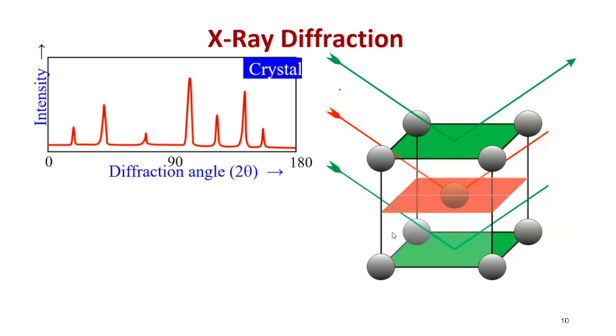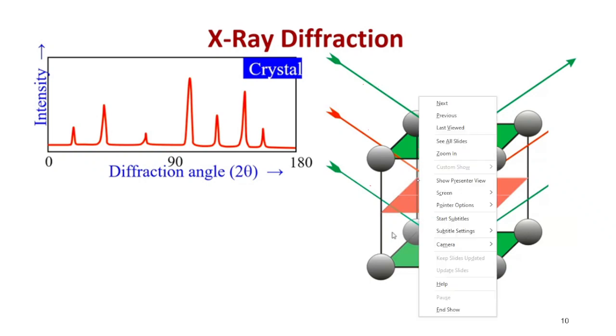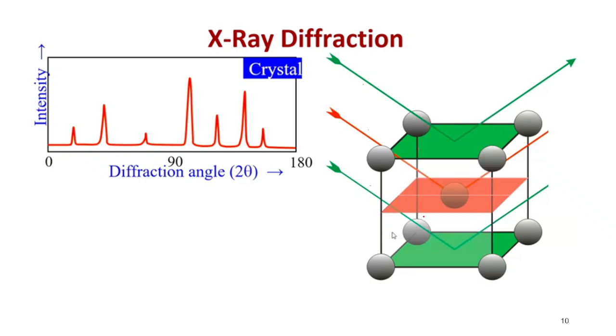We will divide this cube into various planes, allow the X-ray to interact with these planes, and then study what sort of interaction is occurring. While the X-rays are falling on these planes, they must usually be in phase.